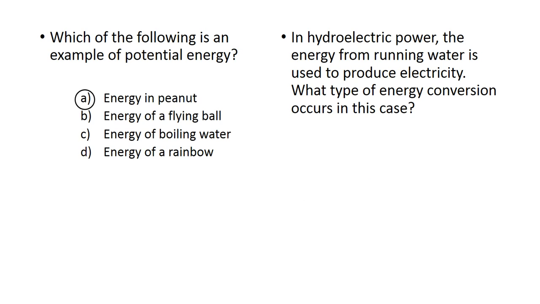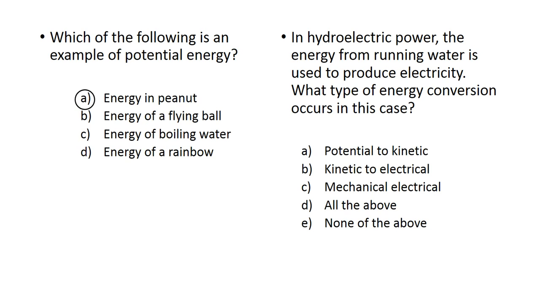In hydroelectric power, the energy from running water is used to produce electricity. What type of energy conversion occurs in this case? Let's think about this one. Stop the video, think about it. So for this one, the answer is D. All of the above. We have potential energy because the water is up the hill, so it has a lot of potential energy there.